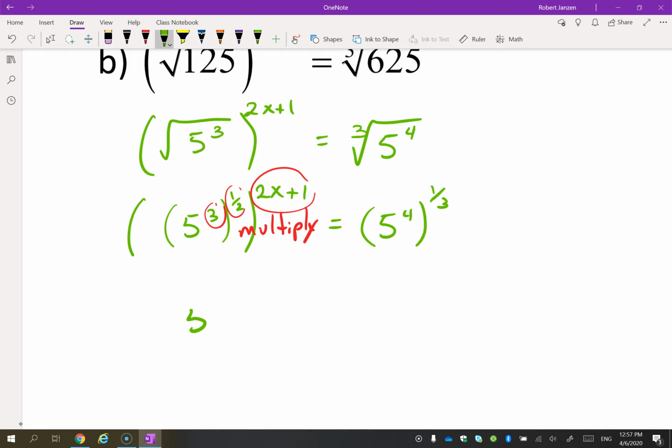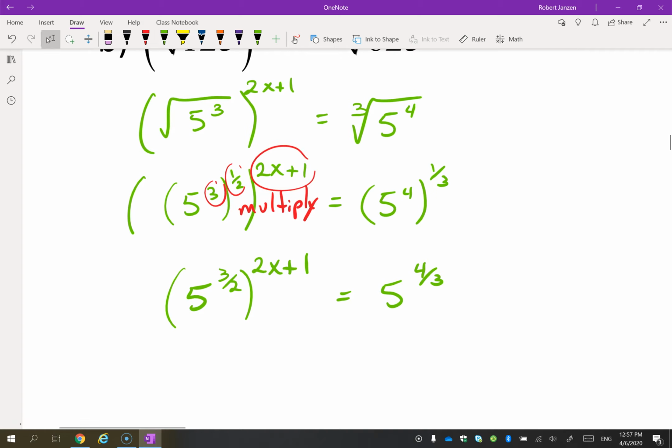Okay, so you're going to get 5, 3 times a half. Let's do it in two steps. So 3 halves. And here you're going to get 5 to the 4/3. Again, I told you you're probably going to make a mistake with the fractions. How did I get 4/3? 4 times 1/3 is 4 over 1 times 3.